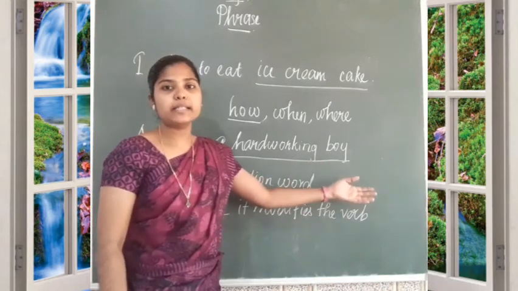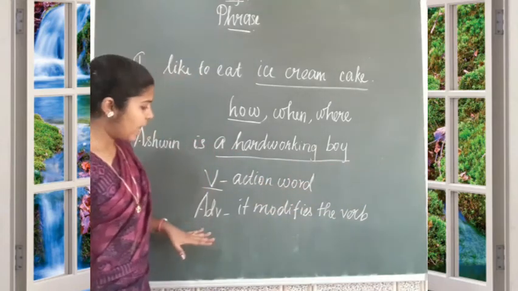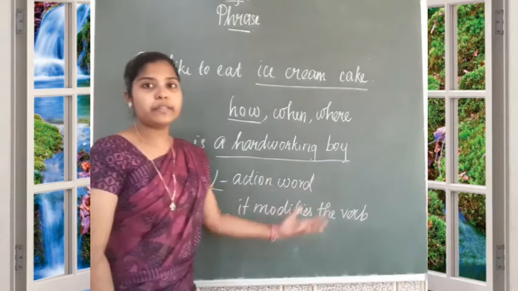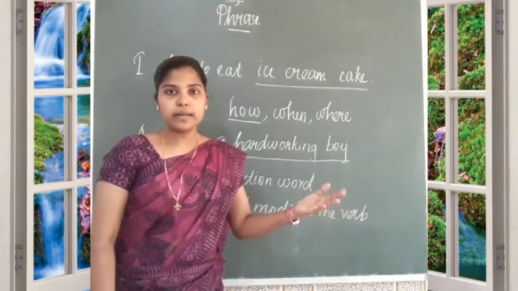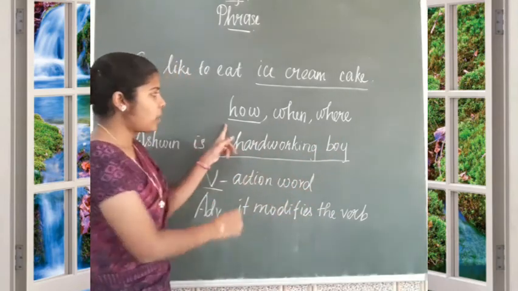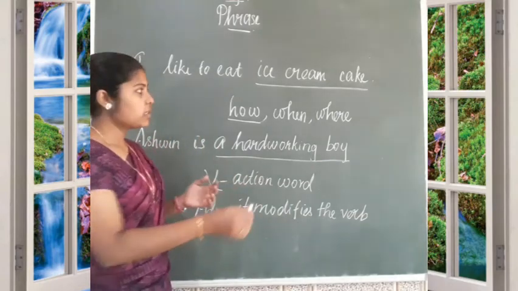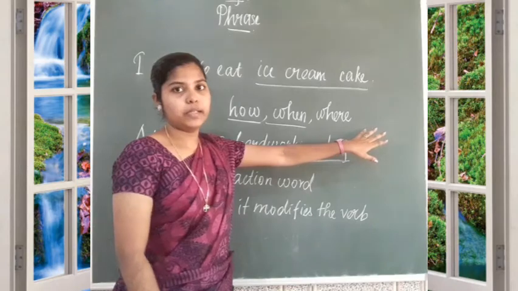Singing, playing, dancing, these are all action words. Verb. Now, adverbs are its modifiers. How she or he is dancing. Where she is dancing. How it happened, or when it happened, or where it happened.